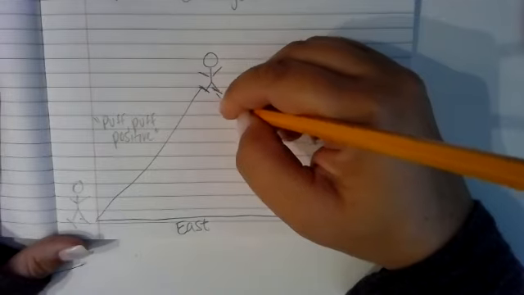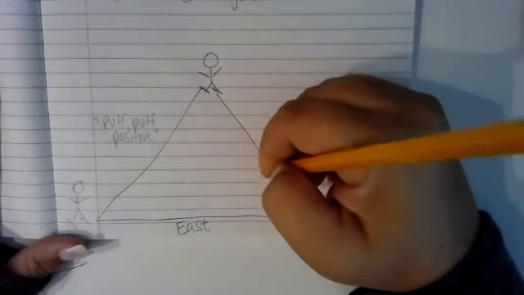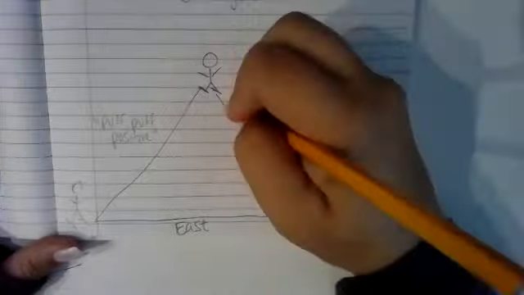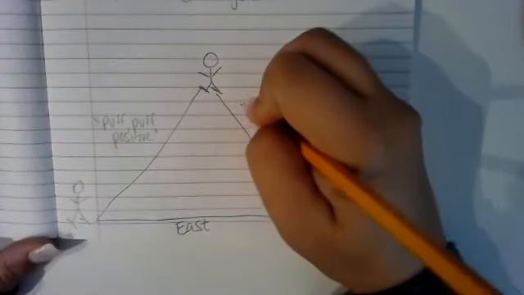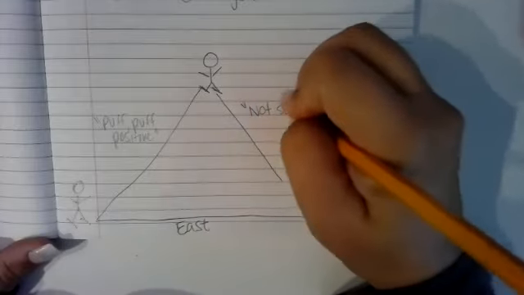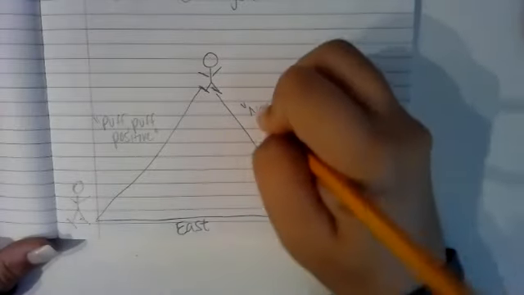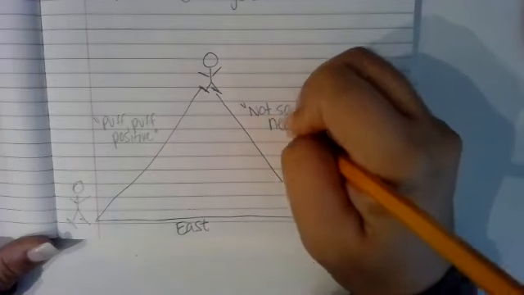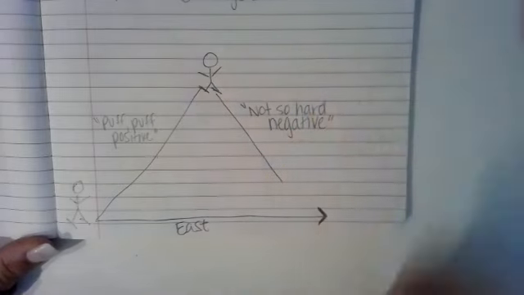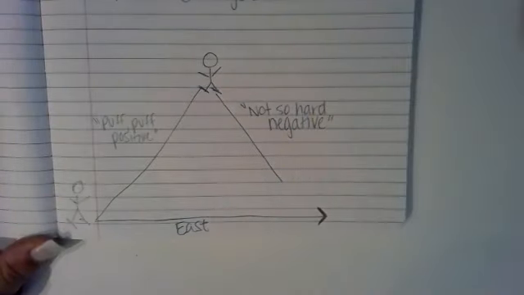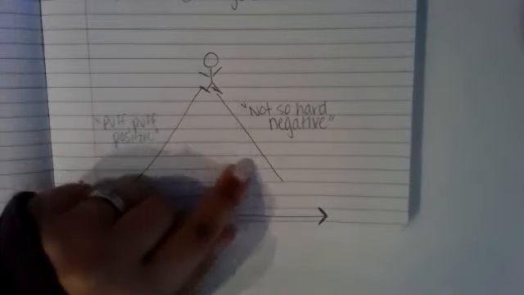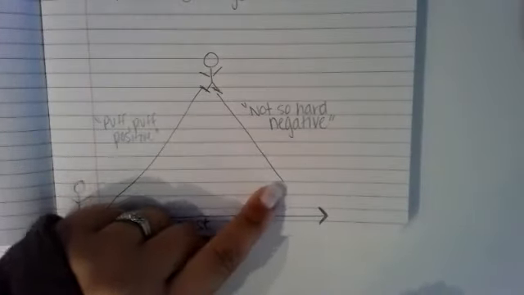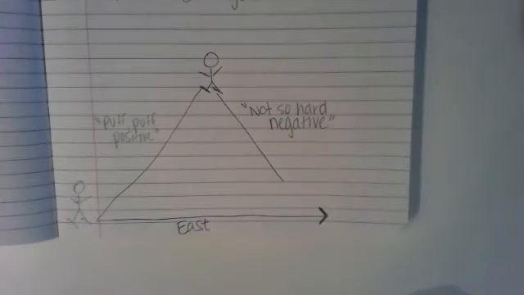Now he's going downhill, and as he goes downhill, he yells out, "Not so hard, negative," because you're going downhill. So it's not so hard. It's not a lot of effort. Not so hard, negative. It's a blast going down the mountain.